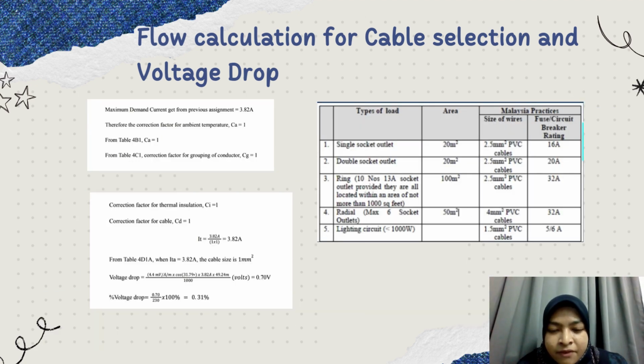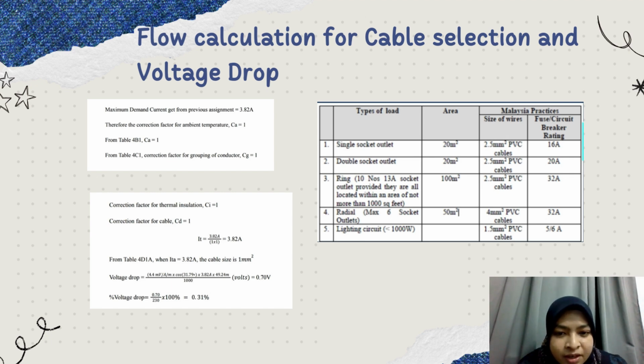This is the flow of calculation for cable selection and voltage drop. For example, we choose the ground floor. The maximum demand current we get from the previous assignment is 3.82 amperes. Therefore, the correction factor for ambient temperature we assume as 1, as well as CA, CG, CI, and also CD.